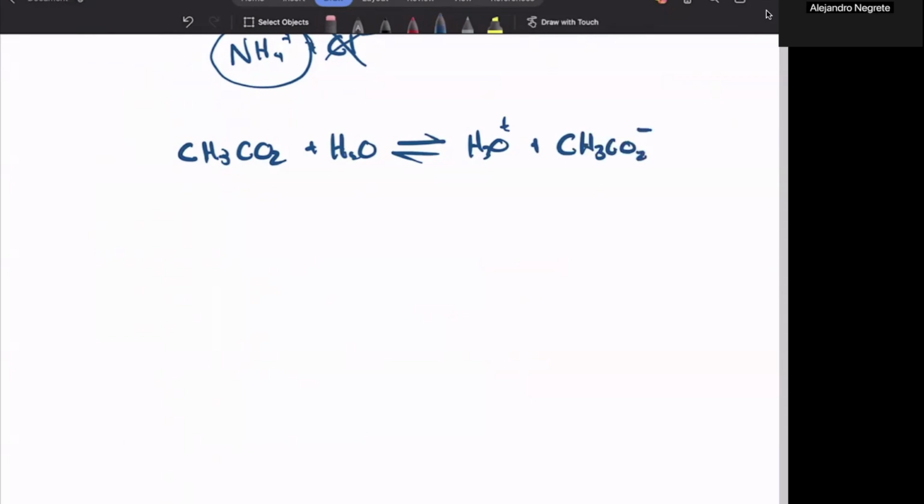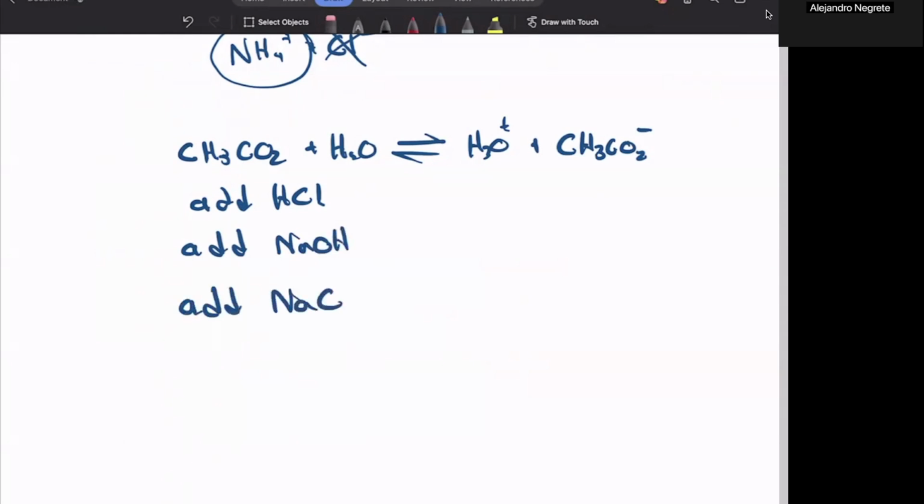All right. But again, let's add hydrochloric acid. Let's add sodium hydroxide. If we add a strong base, sodium hydroxide, and how about this time we add some sodium acetate? Let's add some sodium acetate to that.